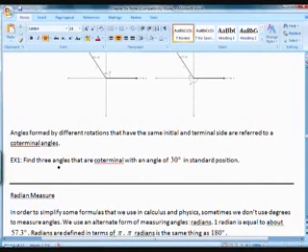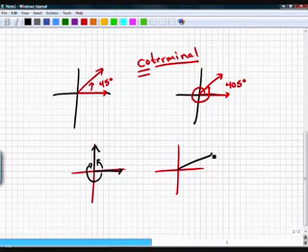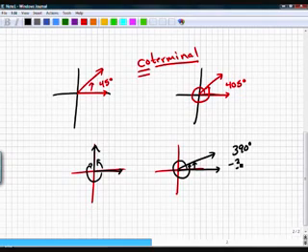It says find three angles that are coterminal with an angle of 30 degrees in standard position. So 30 degrees is going to be about right here. The easy way of doing it is to add rotations. A rotation is 360 degrees, so 360 plus another 30, which is 390 degrees, would be coterminal with 30. What would be another one? Negative 330 degrees, because that would be starting at 0 and going this direction and ending up at 30 degrees.